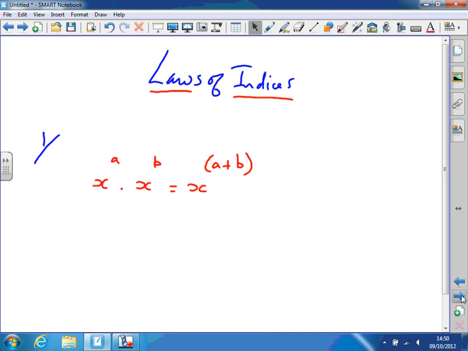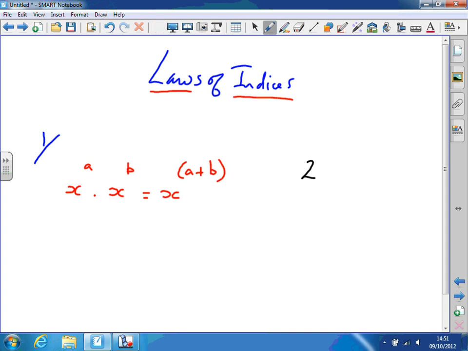So there is the first law of indices. For example, 2 raised to the power 3 multiplied by 2 raised to the power 4, so the one we're looking at on the previous screen, would be 2 to the power 7.